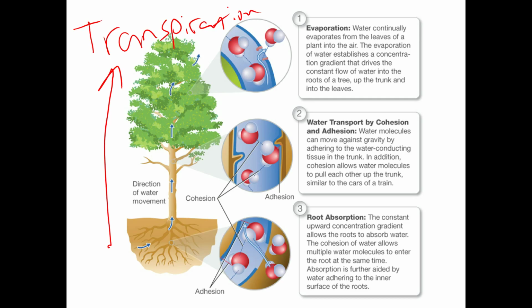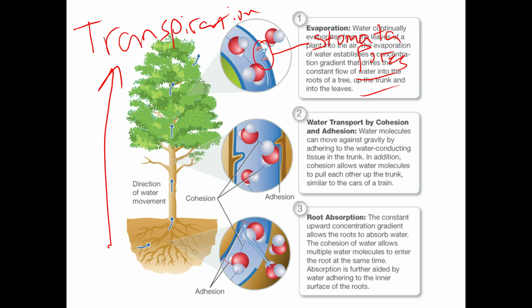What's taking place is that on the surface of the leaves you have these openings. These openings are what we refer to as stomata, or stoma. They're basically nothing more than pores.